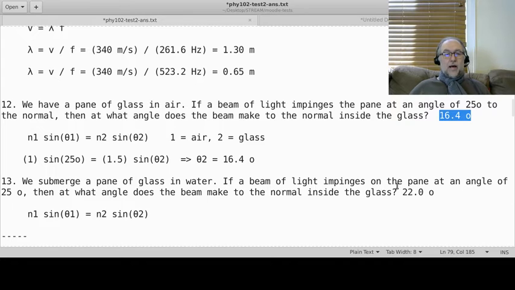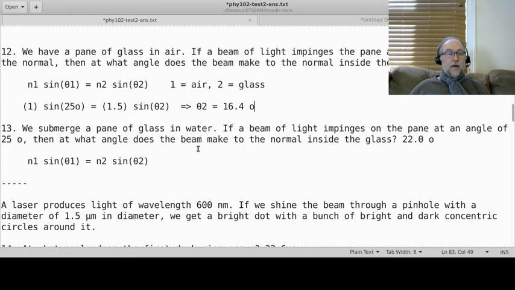In air, we have 25 degrees, and in the glass, we would have 16.4. Remember that the beam of light will always bend towards the normal in the material with the higher n. So lower n, 25 degrees; higher n, 16.4 degrees.